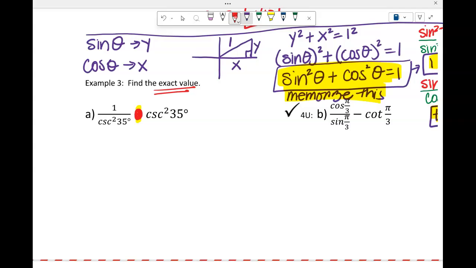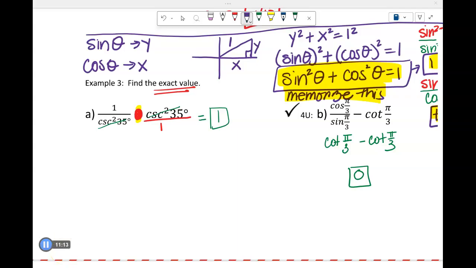Currently, as you can see here, when we're multiplying, we can have it over 1. So we can simply reduce this. Cosecant squared can be reduced with cosecant squared, so this is going to be a 1. It's just that simple. Then why don't you try the check for understanding here? All right, hopefully you got a 0 for that.